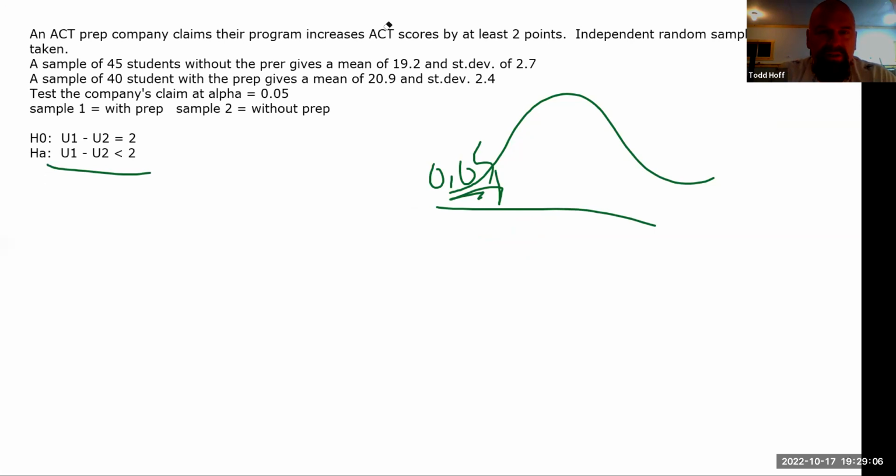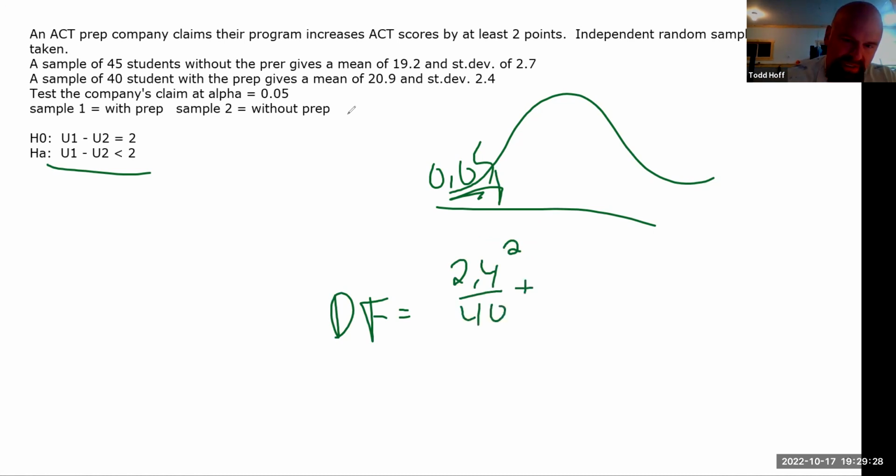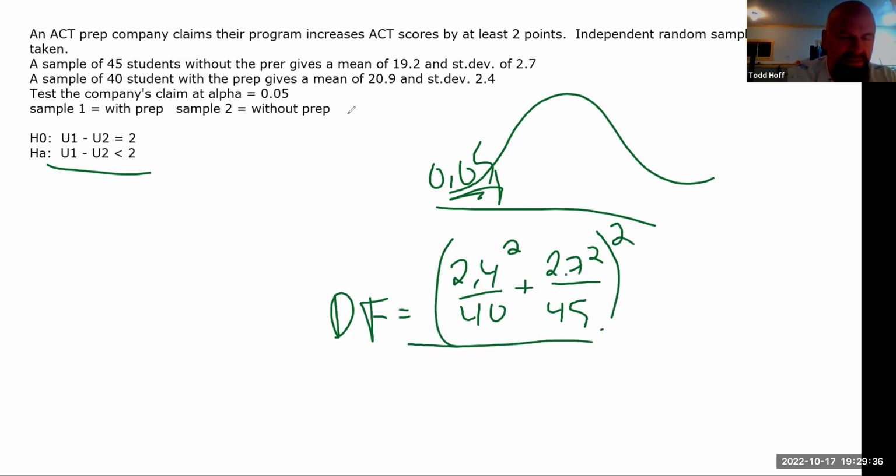So we have to find our degrees of freedom. Degrees of freedom are going to be standard deviation 1 of 2.4, sorry, squared over the sample size of 40 plus standard deviation 2 of 2.7 squared over that sample size of 45. Close the parentheses and square that.